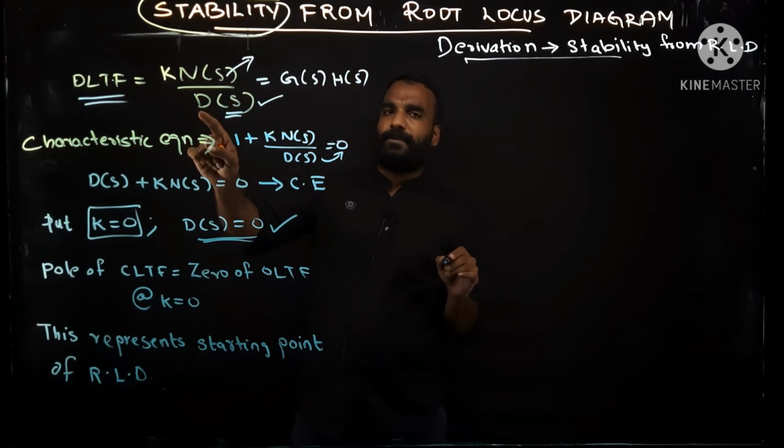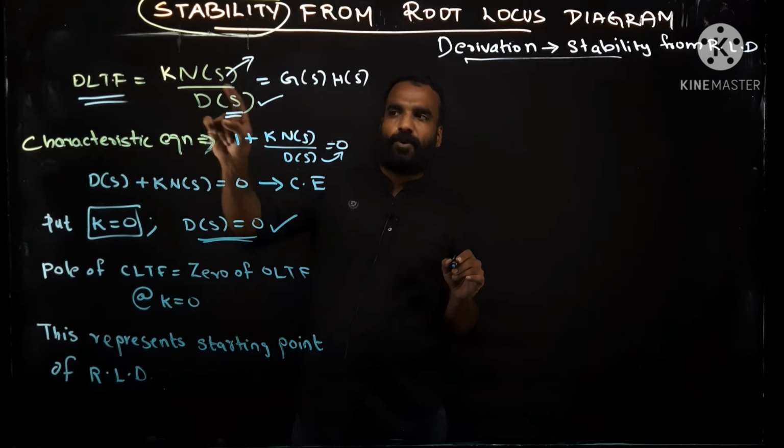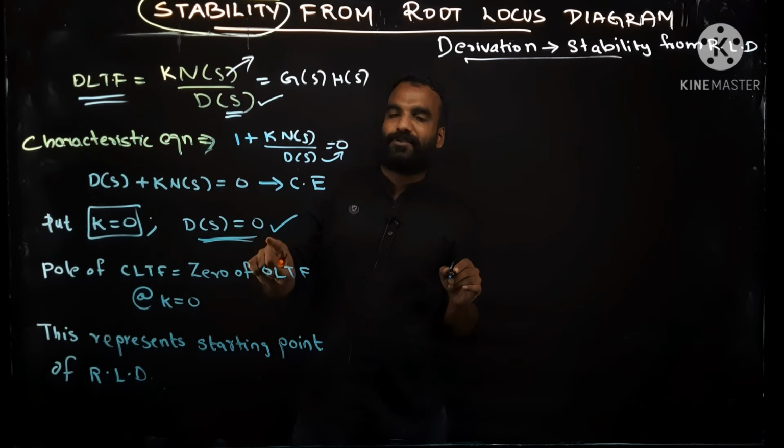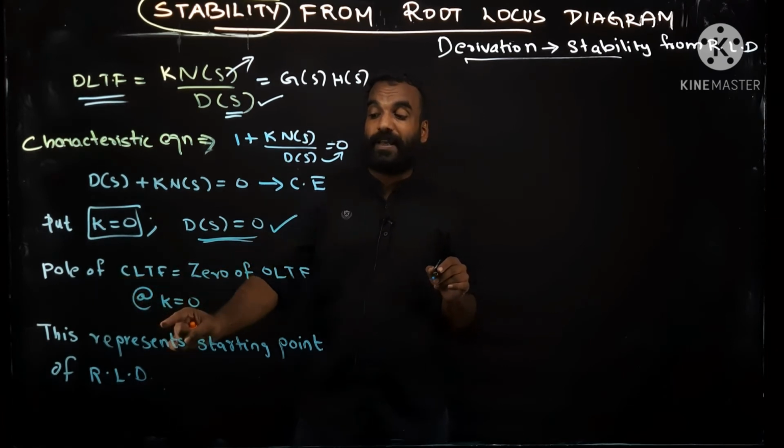And here D(s) equal to 0 is what? Pole or zero? Pole of the open loop transfer function. And here D(s) equal to 0 is nothing but the pole of the closed loop transfer function when K is equal to 0.